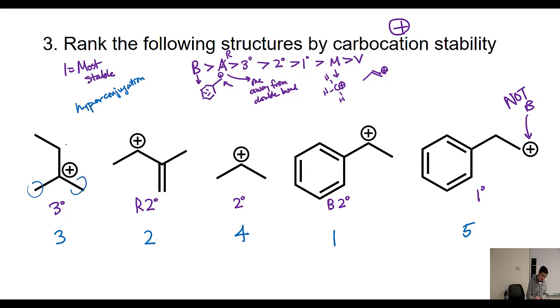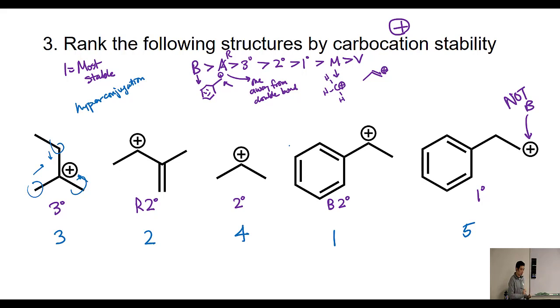What that means is these can all donate electron density towards that carbocation, helping stabilize it. Carbocations have more electrons or less? Less. I'm lacking electrons, and so the methyls right next to me can help donate electrons towards my carbocation. The reason why benzylic is better than allylic is because with benzylic I have all these resonance structures. And so that's why benzylic is the best.